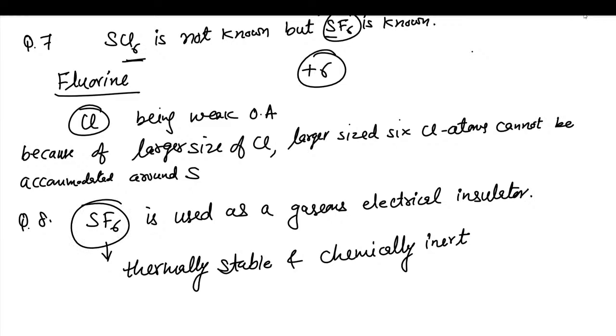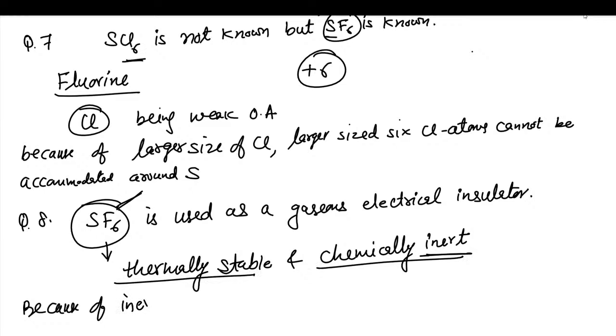Right? So because of its inertness and high tendency to suppress the internal discharge, okay, it is used as a gaseous electrical insulator in high voltage generators, and switch gears even. So you can write, first of all, it is a colorless, odorless and non-toxic gas. Second, it is thermally stable and chemically inert.